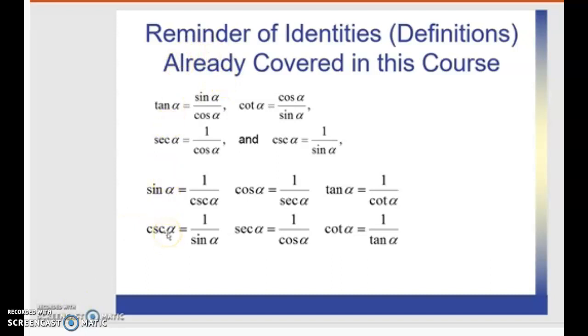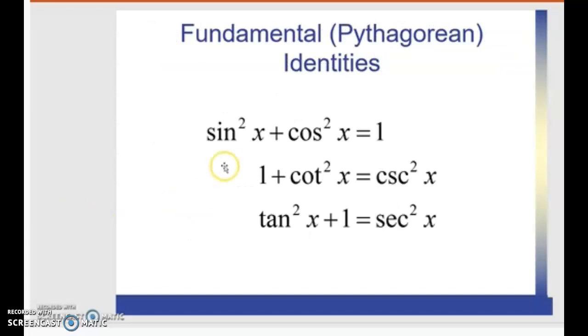So that the important identities that we have covered related to today's lesson are at your fingertips, they are available on this slide. In addition to the fundamental identity or Pythagorean identity that we have already covered, sine squared x plus cosine squared x equals 1, there are two more identities that complete this set of identities.